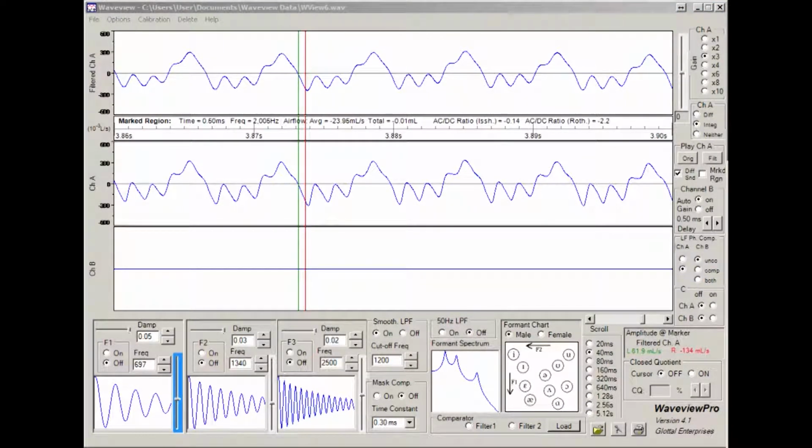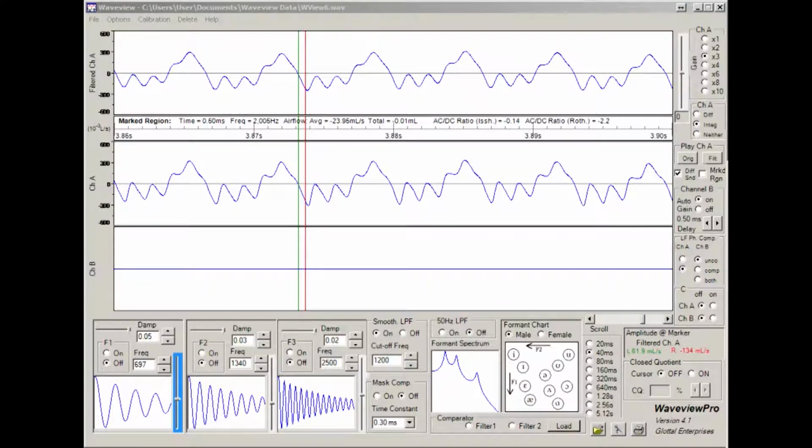To adjust the first formant, you have to eliminate the second and third formants approximately using the smoothing low-pass filter. We could set that low-pass filter above the range that the first formant could be at, and I have it here set to 1200 Hertz.